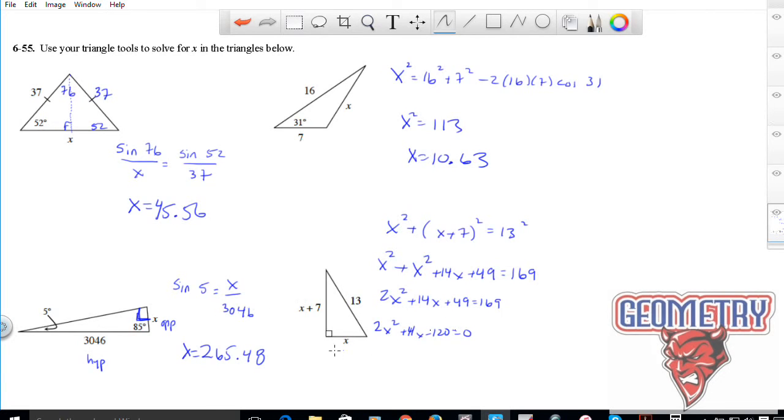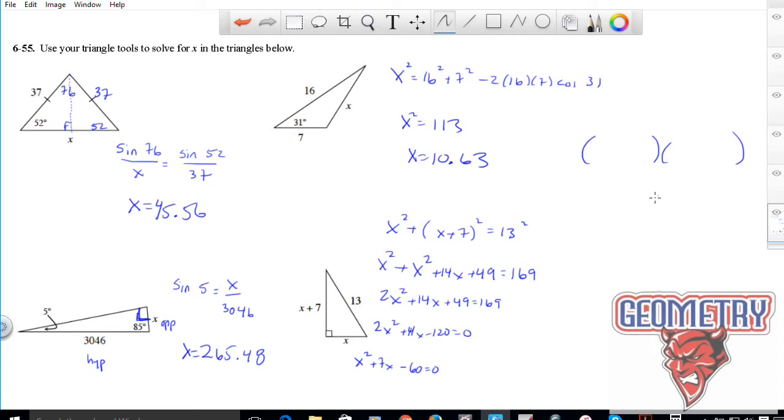I'm going to divide everything by 2 to get rid of this coefficient. And so we have x squared plus 7x minus 60 equals 0. Move up here, we got some room. So now we're going to factor this, right? We want factors of negative 60 that will give us 7.